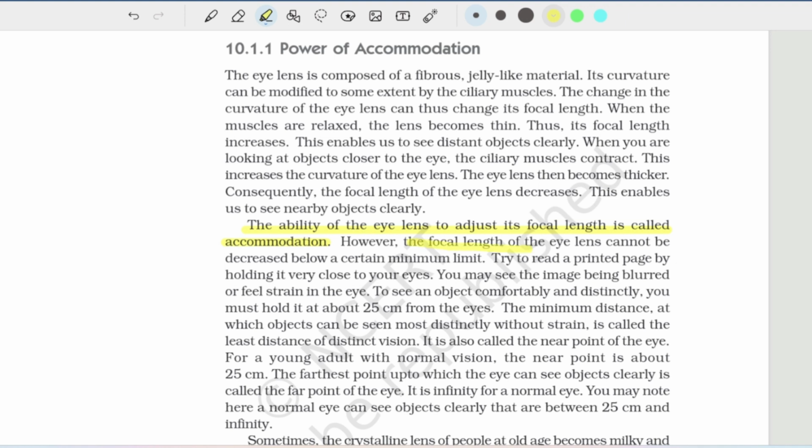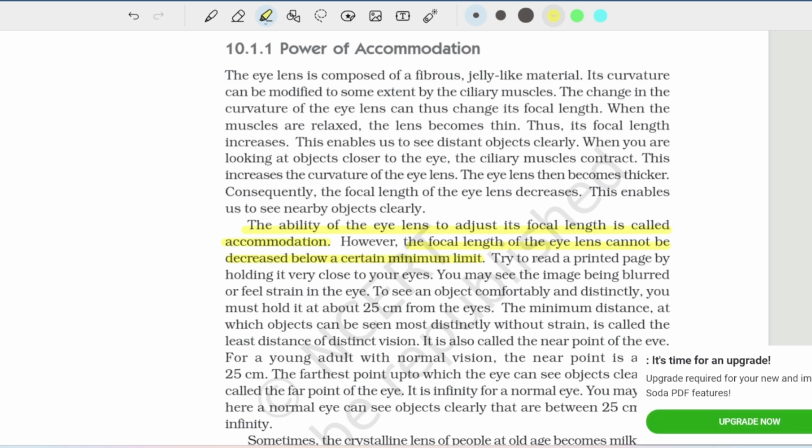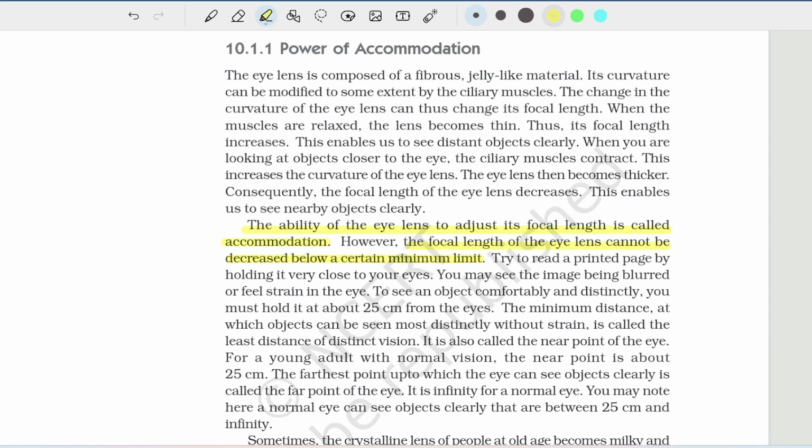However, the focal length of the eye cannot be decreased below a certain minimum limit. You can do it just now also. Take a pencil or paper, write something on it, or take a book. Bring it near your eye. After a limit, it will get blurred, right? Why?